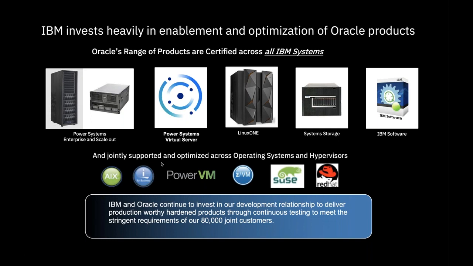System storage, of course, and even IBM software is coordinated with Oracle products because there's a real need for that interoperability. And we continue to do this because, frankly, IBM has 80,000 joint customers with Oracle, and that really drives an important part of our relationship and the joint investment on both Oracle and IBM to do this.